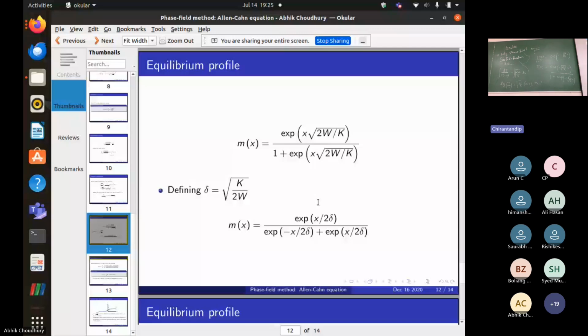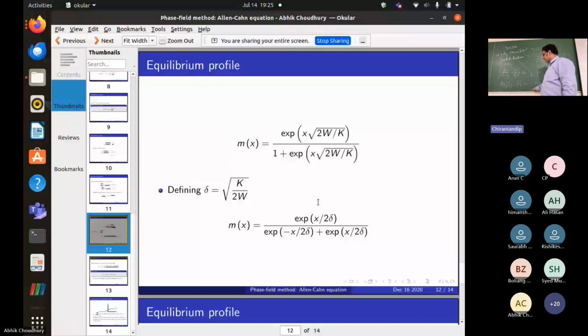Just see what I'm trying to do. Just define this term delta is equal to root of k by 2w. So define delta is equal to root of k by 2w, and check whether we're able to transform this here to here.